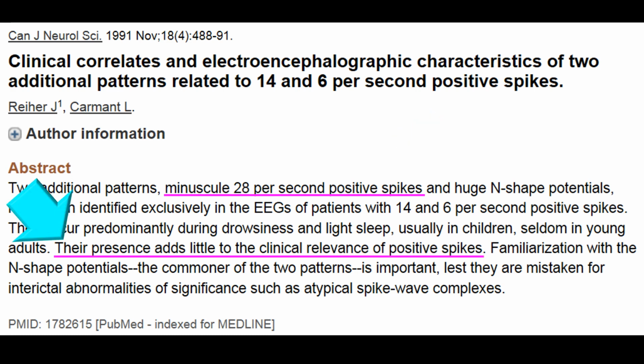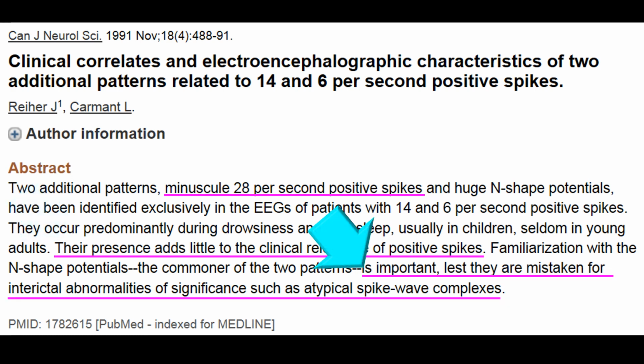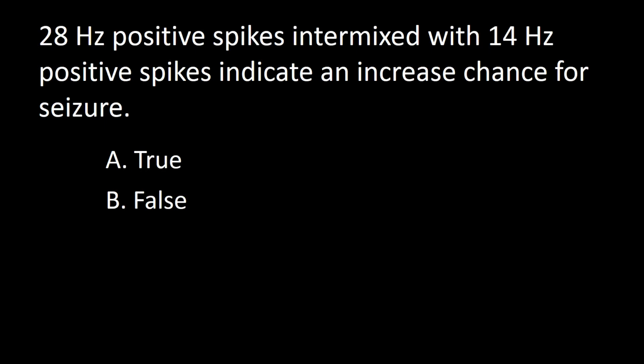The conclusion of that paper was that this activity has little clinical relevance, but its recognition is important so as not to confuse them for epileptiform activity. So the answer to this question is B.